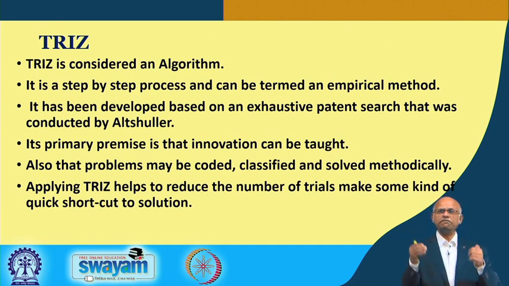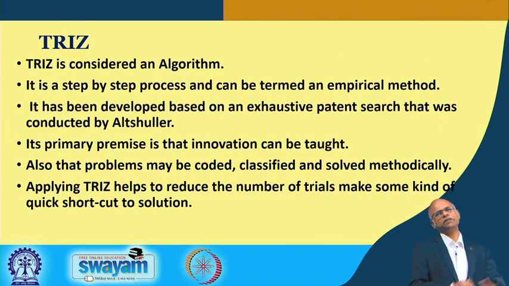So, you invent something, it is possible that this will fall under a particular cluster. From there he back calculated, saying that if you have a problem, then you have to identify under which cluster your problem lies.